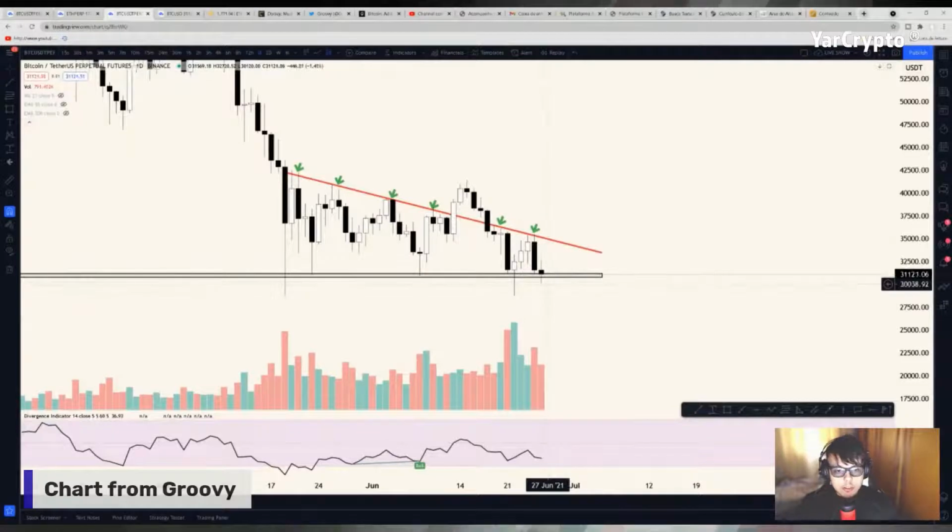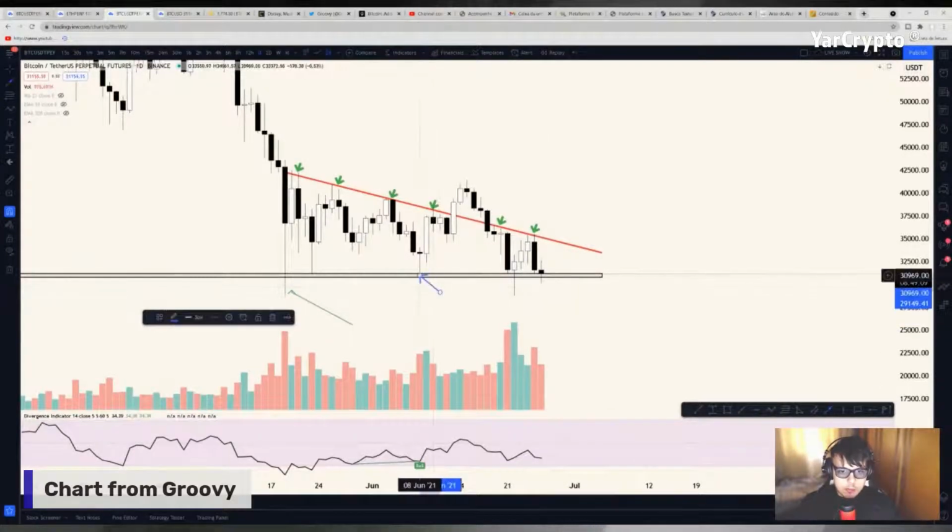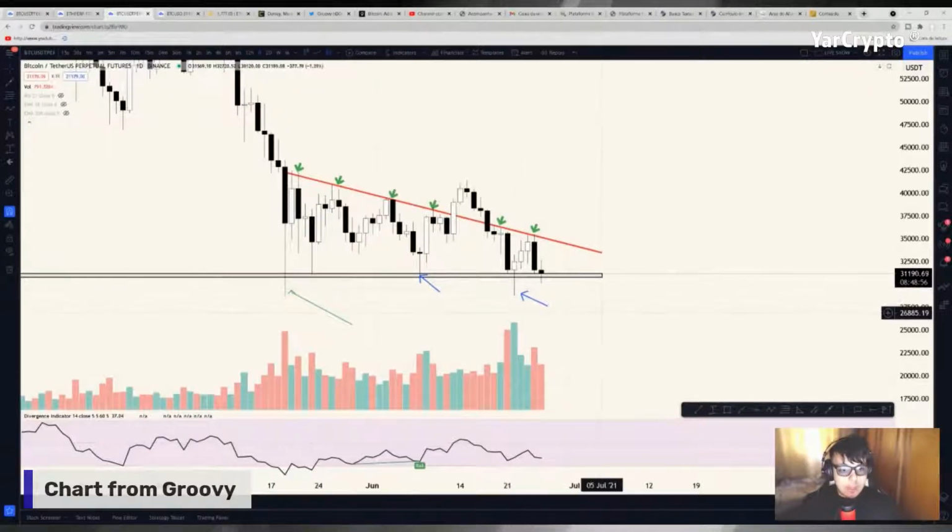And as you can see, there is demand in this area. We saw it from a bunch of different candles, over here as well previously, and a couple of days ago, this week right here as well. So there is selling pressure being absorbed by the candles in this general area, and the current daily candle as well.